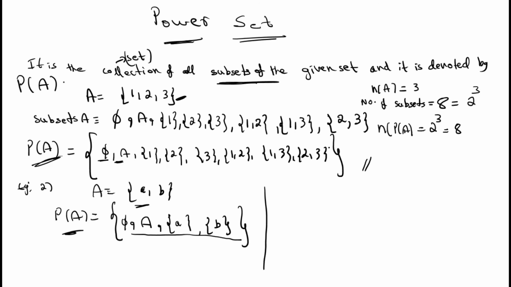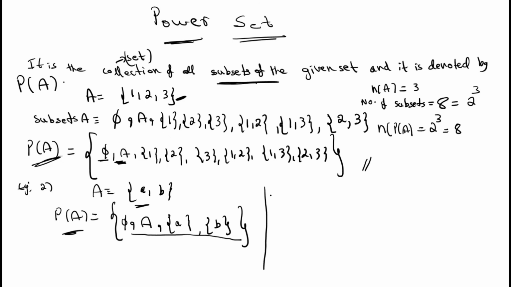If you collect all the 2 to the power m subsets inside a flower bracket, we call it the power set. So if A has 3 elements, then the number of elements in P of A is 2 to the power 3, because the number of elements of the power set of A is equal to the number of subsets of A.